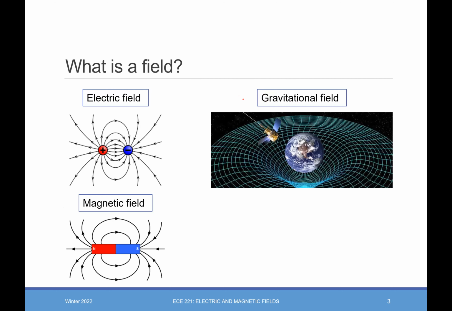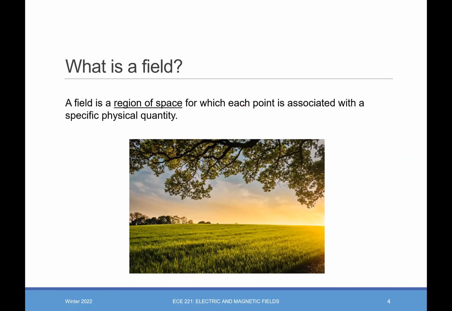Now, as you saw in the title of the course, it is called electric and magnetic fields. In this picture, you see an electric field between two charges, and then you see the magnetic field here, and you've also heard about the gravitational field, right? But what is a field? Well, you might imagine a soccer field or something like that.